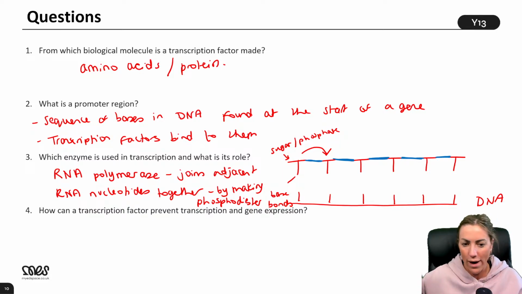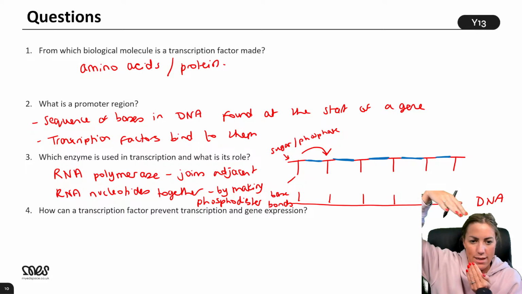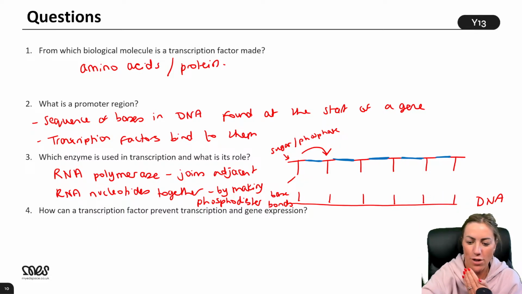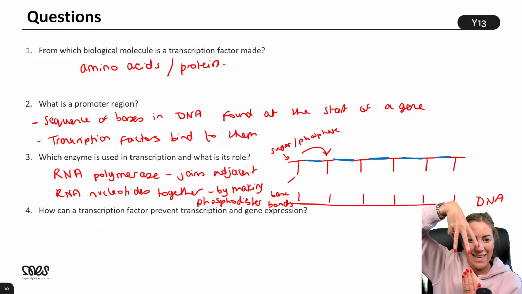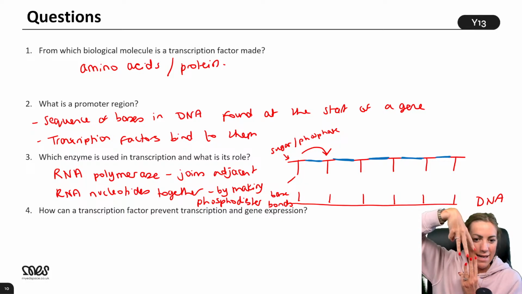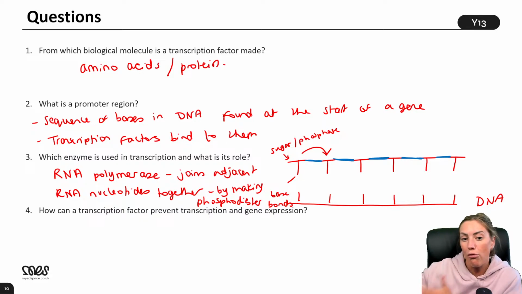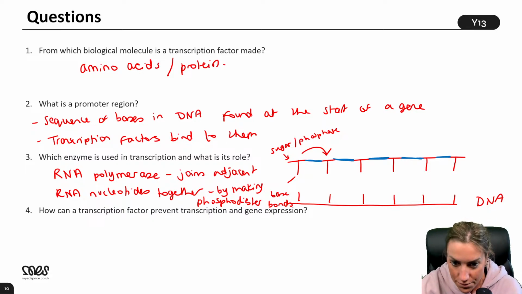That does not require an enzyme. The tRNA anticodon is going to bind to the mRNA codon. That is through hydrogen bonding, and that occurs at the ribosome. So that's translation, not transcription.